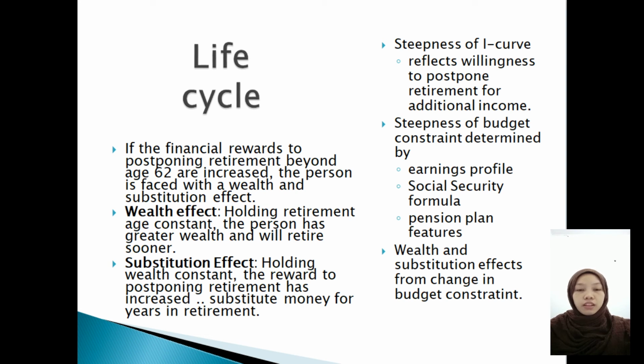The wealth effect: holding retirement age constant, the person has greater wealth and will retire sooner. For the substitution effect, holding wealth constant, the reward to postponing retirement has increased. Substitute money for years in retirement.